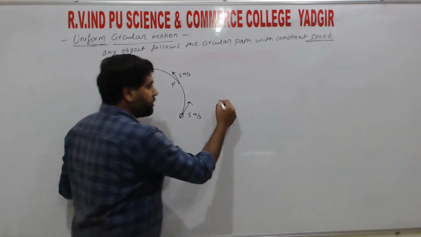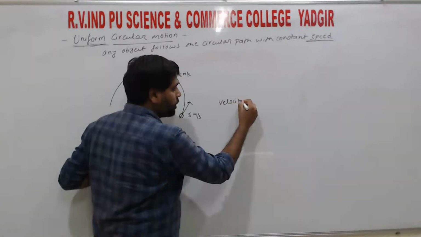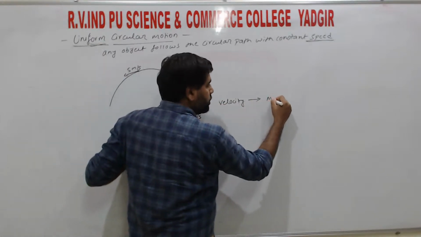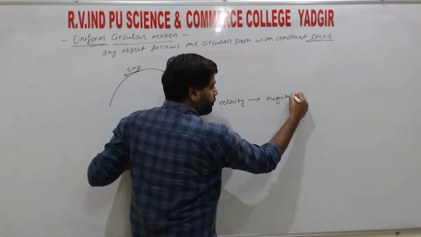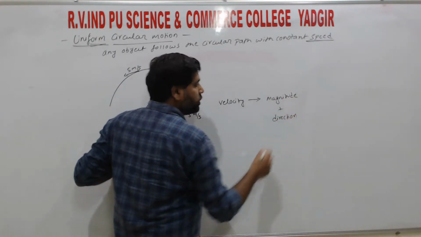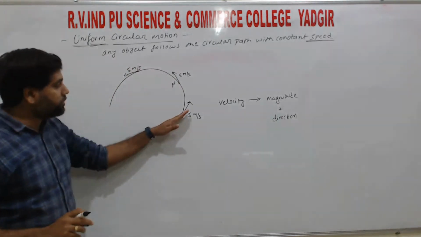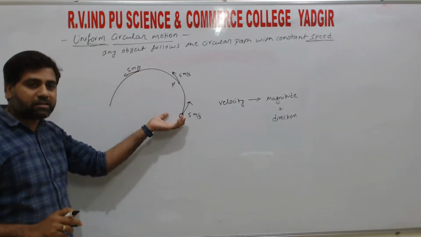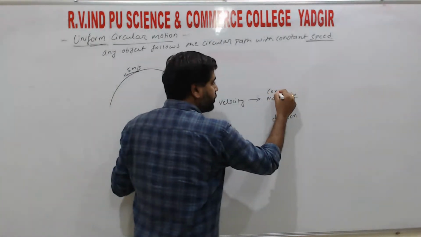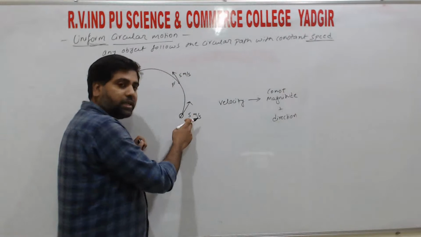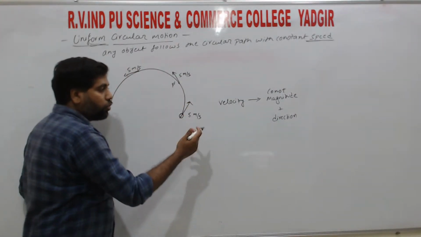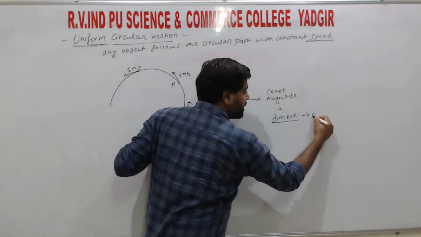Velocity is a vector, which has both magnitude plus direction. The velocity of the object moving in a circular path has a constant magnitude, that means speed is constant, but the direction is always changing.